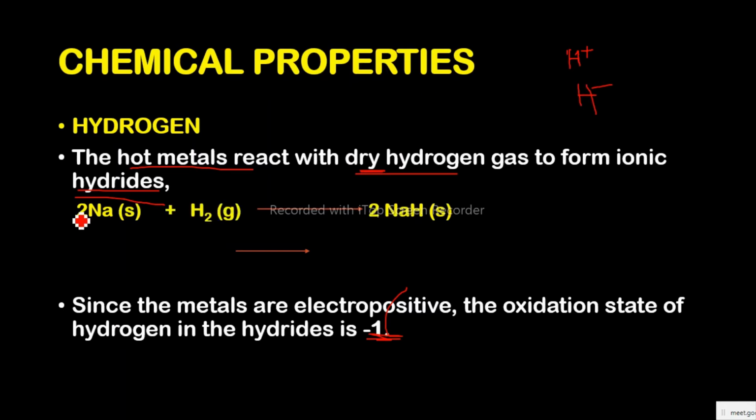So the equation is this: sodium plus hydrogen forms sodium hydride. Now here, in chemistry, the magic bullet is writing equations. The equation must be well balanced, not just any equation. And the symbols must be written clearly.